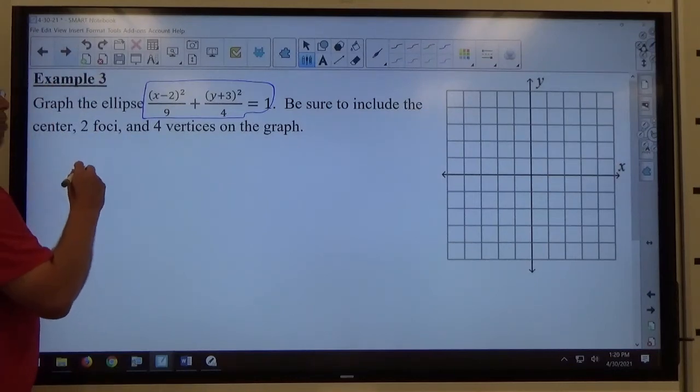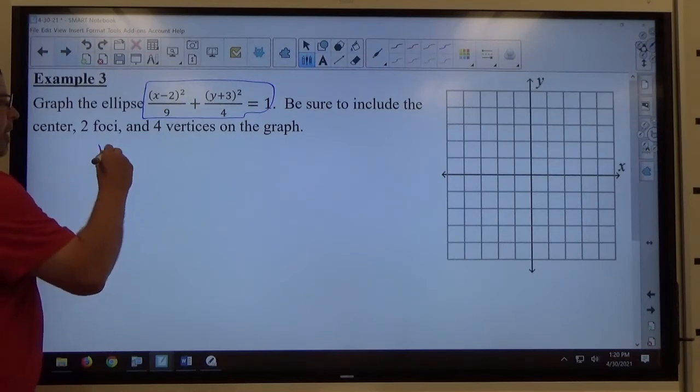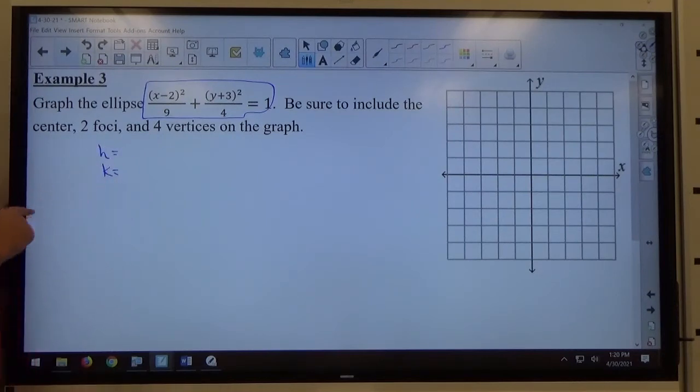First thing to do is establish what h and k are. And h and k are just like they were in the other 2 types of conic sections. With the parabolas, x minus h, y minus k, change the sign with x and change the sign with y. With the circle, (x minus h) squared, (y minus k) squared, change the sign of the number with x for h and change the sign of the number with y for k.